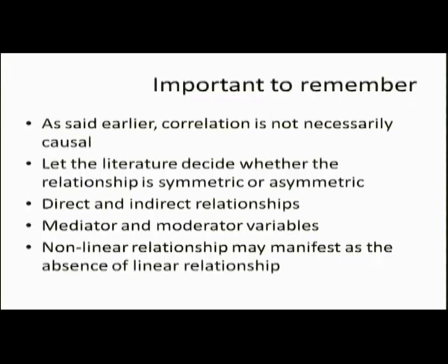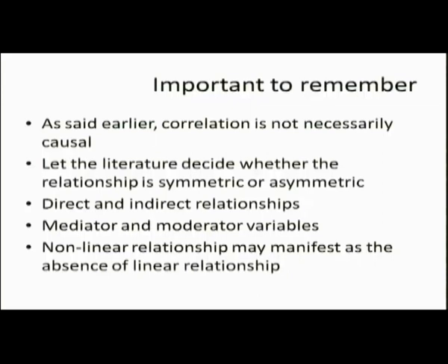Let the literature decide whether a relationship exists or not, and whether it is symmetric or asymmetric. On the basis of reports of previous studies or theoretical literature, you decide whether there is a relationship between two variables, and whether it is symmetric or asymmetric.